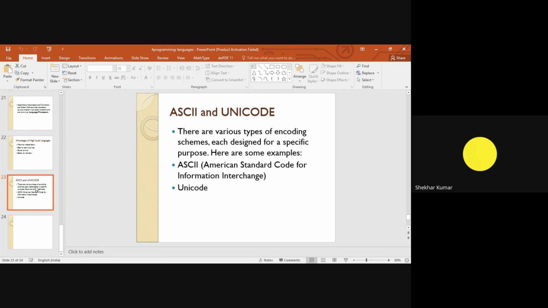For example, capital A is coded with 65 in ASCII, small a is coded with 97, and the at the rate symbol is coded with 64. But ASCII has some limitations in that it only encodes characters from the English language and does not support characters from any other language.